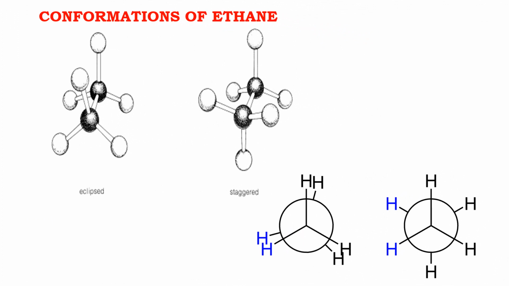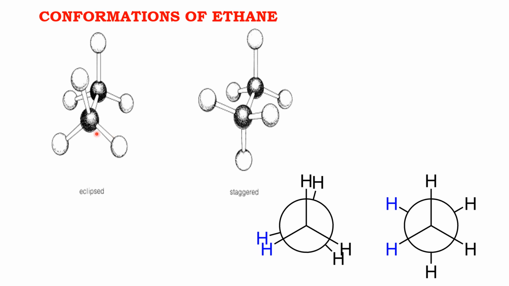So, the conformations of ethane could be represented in the extreme cases as eclipsed conformation and staggered conformation. See here, in eclipsed conformation, the carbon atoms and the 3 hydrogen atoms eclipse each other.